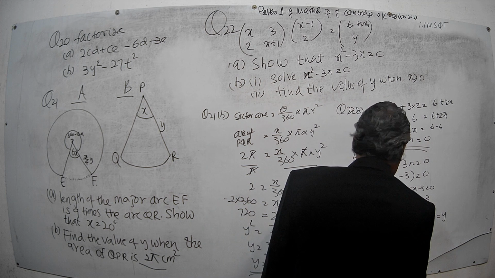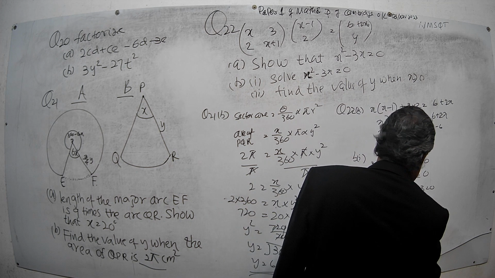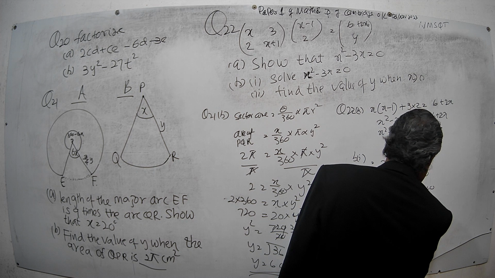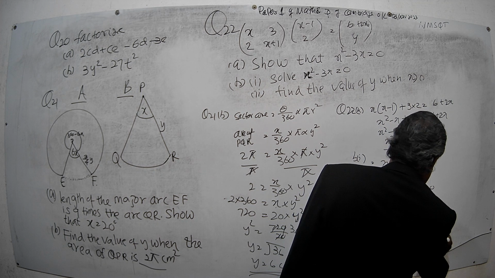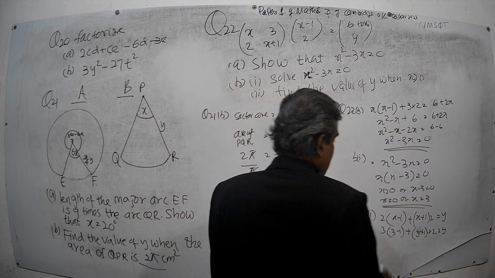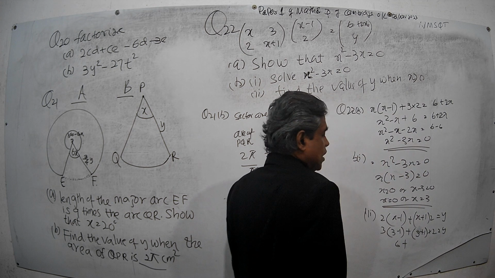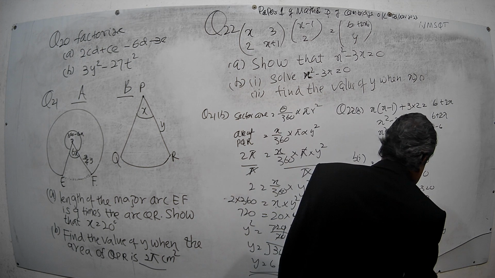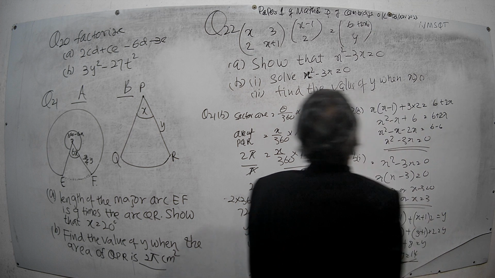Substitute: 2 times 3 minus 1, 2 times 2 is 4... that is, 3 minus 1 is 2, 2 times 3 is 6, plus 3 plus 1 is 4, 4 times 2 is 8, equals y. Then y equals 14. Okay, this is the answer.